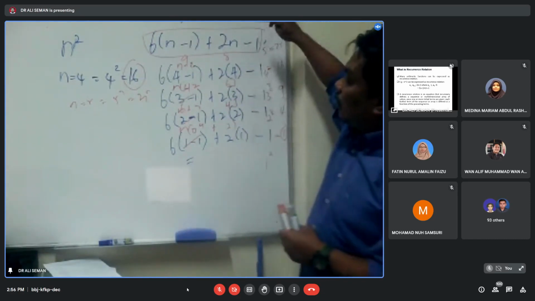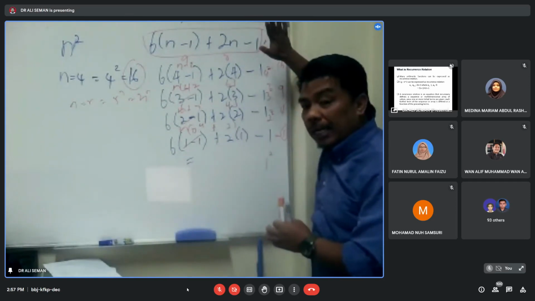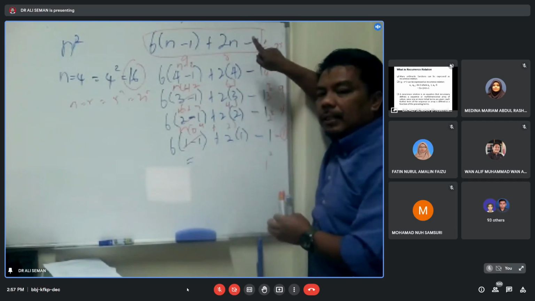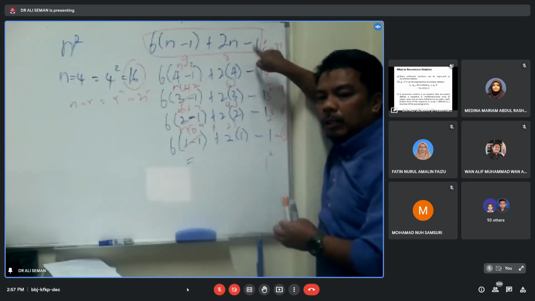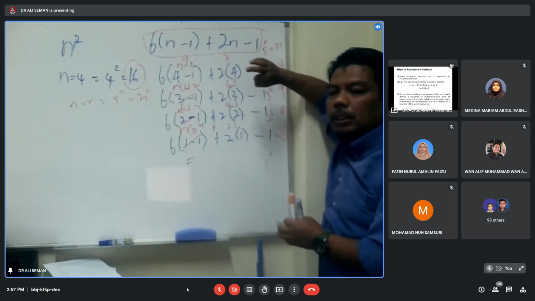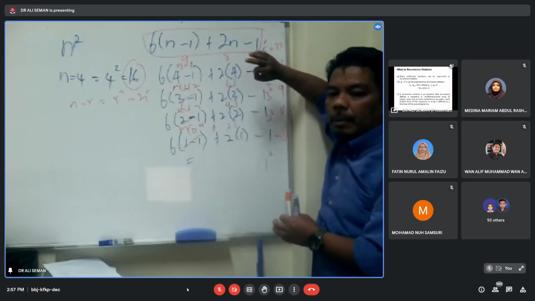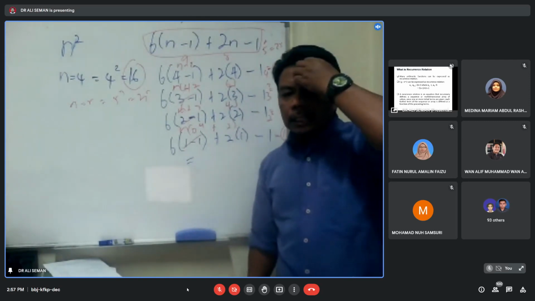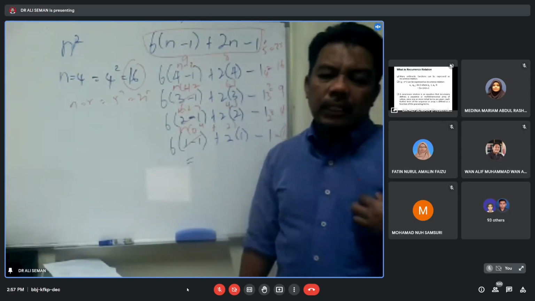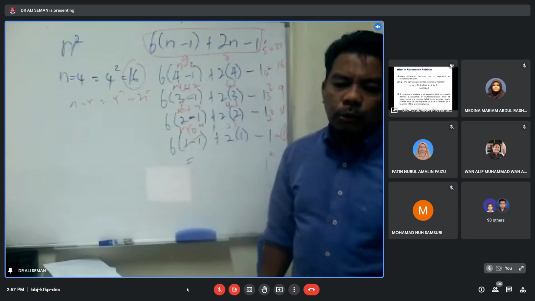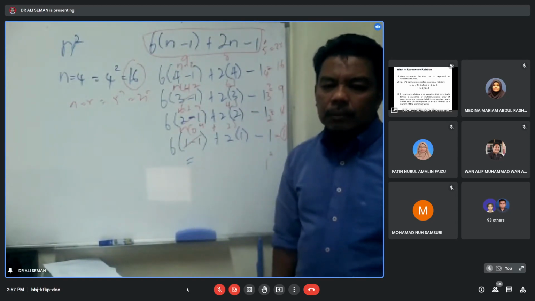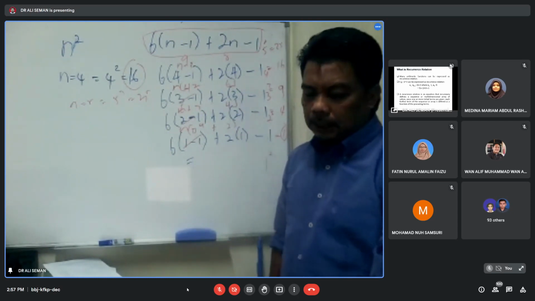But in the formula, we have only n minus 1, finally down through 4 minus 1, 3 minus 1, 2 minus 1, 1 minus 1 until 0. 0 will stop because that is the base criteria. So a recurrence relation is an equation that recursively defines a sequence or multidimensional array of values, once one or more initial terms are given; each further term of the sequence or array is defined as a function of the preceding terms.